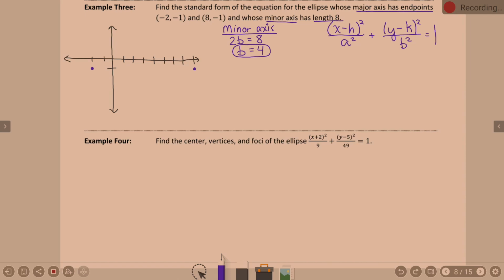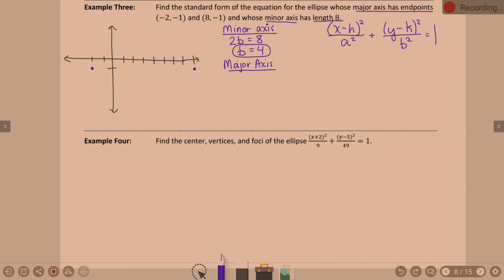Can't we just, for a, the distance between -2 and 8 is 10. Can't we just divide that by 2? Okay. Are you guys seeing major axis? Basically, how long is my major axis here? If you count from -2 to +8, those numbers are how far apart? -2 to +8 is a distance of 10.